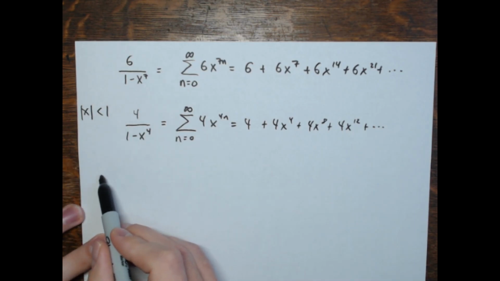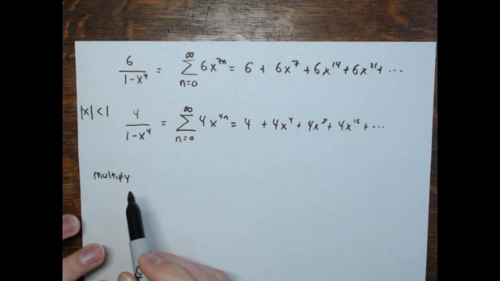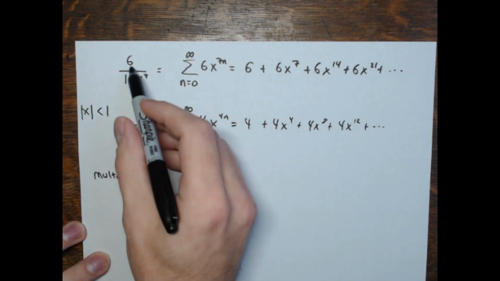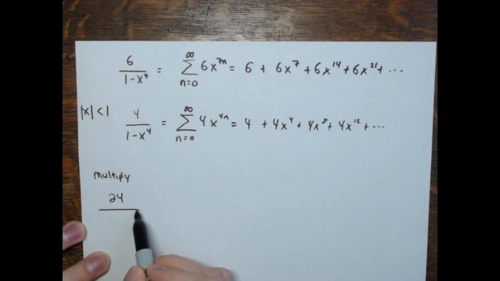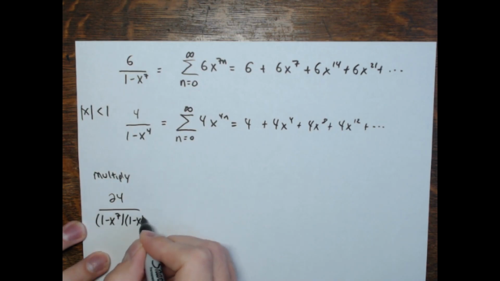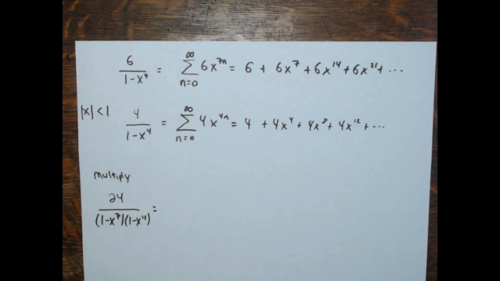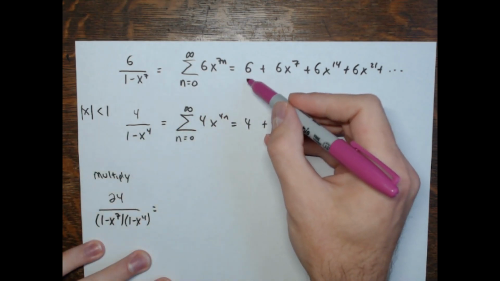And now I'm multiplying them. Multiplying these, you get 24 over 1 minus x to the 7th times 1 minus x to the 4th, and again, the power series for this is for values of x between -1 and 1.